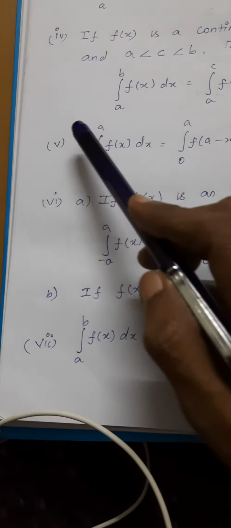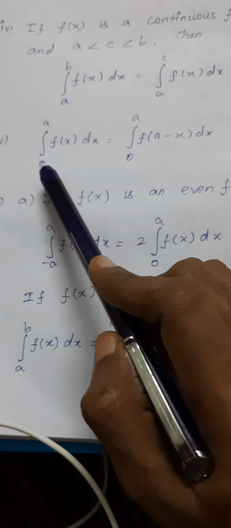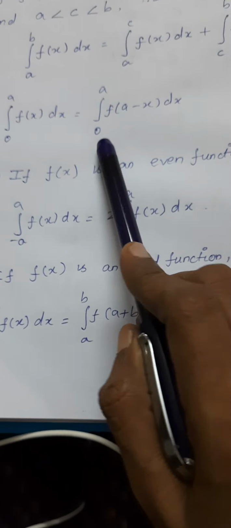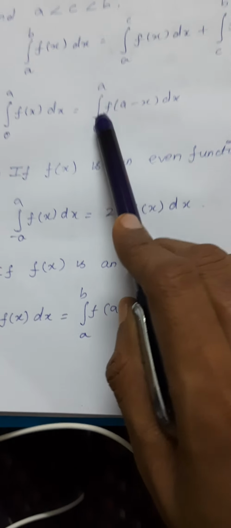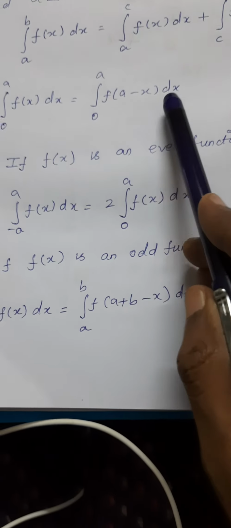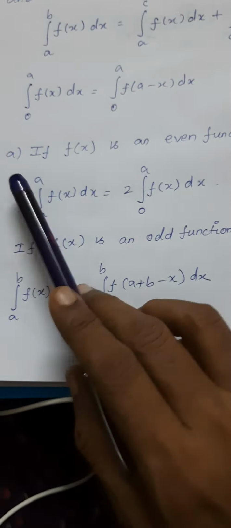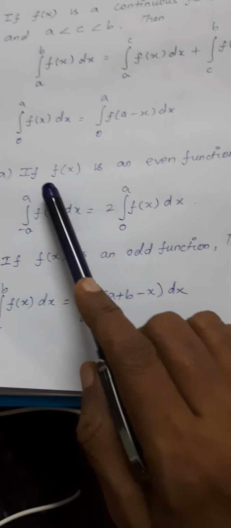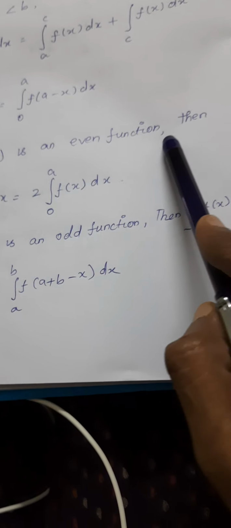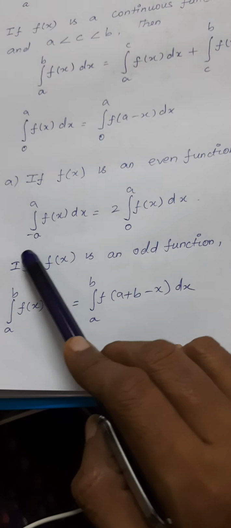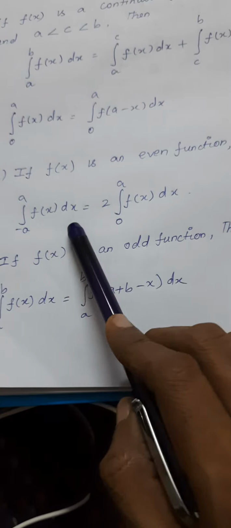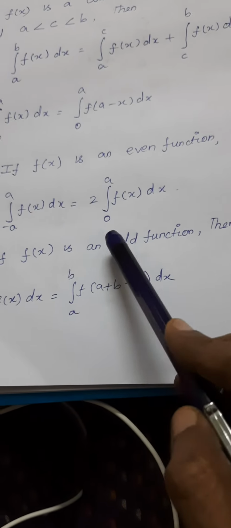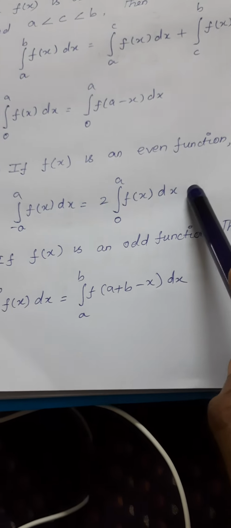Then the fifth one, integral 0 to a f of x dx is equal to integral 0 to a f of a minus x dx. Both are same. They are equal. Then sixth one, if f of x is an even function, then integral minus a to a f of x dx is equal to 2 into integral 0 to a f of x dx.